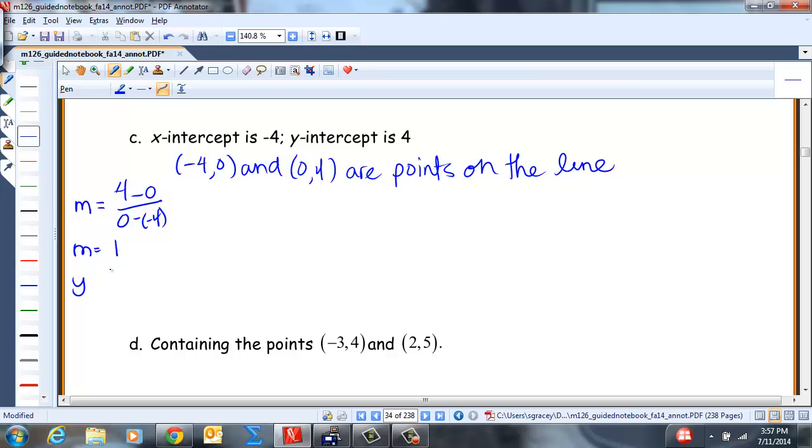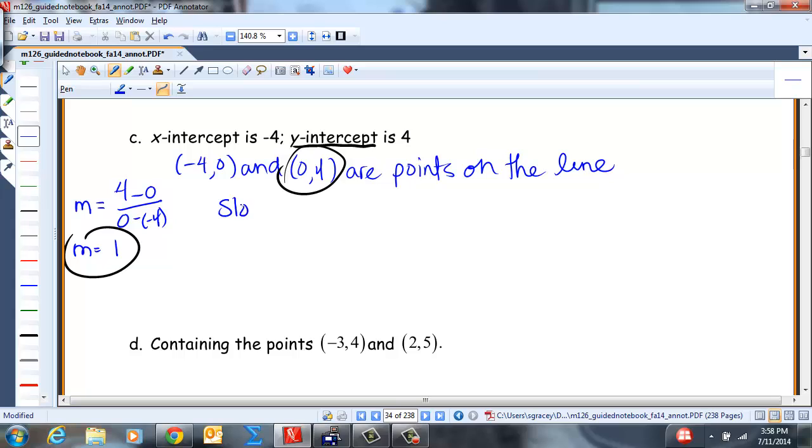So in our point slope form, actually it would be a lot easier in this case. We've been given the y-intercept and we have the slope. So we're going to use that information, the fact that that's our y-intercept, and the slope to make the line.